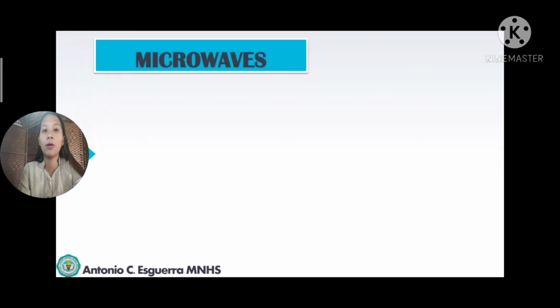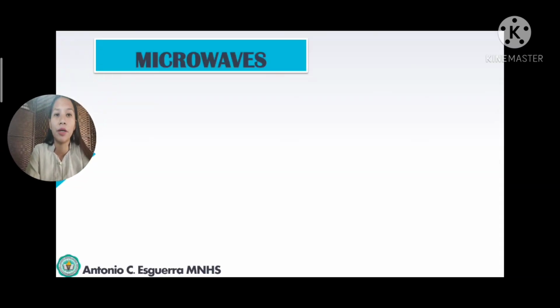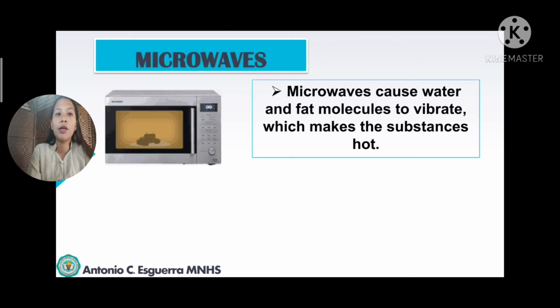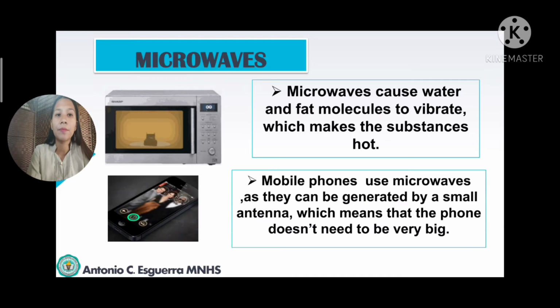Now, let's talk about the second type of EM waves, which is the microwaves. Microwaves cause water and fat molecules to vibrate, which makes the substance hot. Mobile phones use microwaves as they can be generated by a small antenna, which means that the phone doesn't need to be very big.